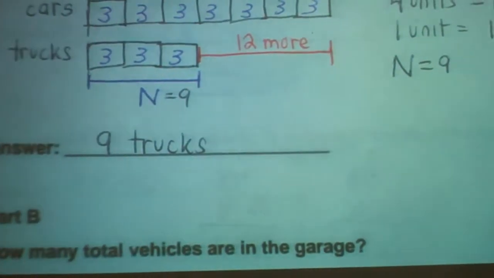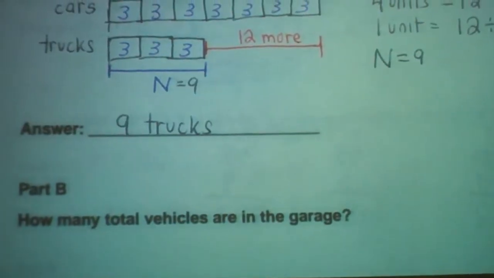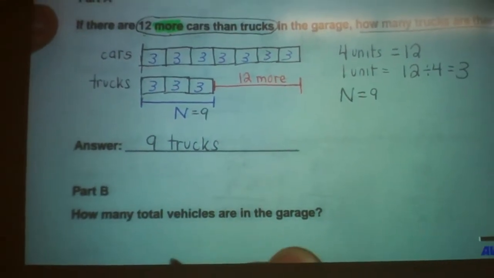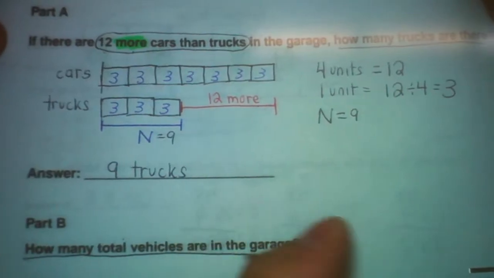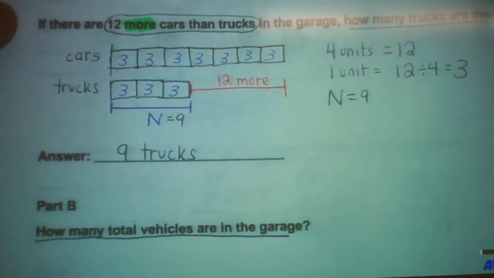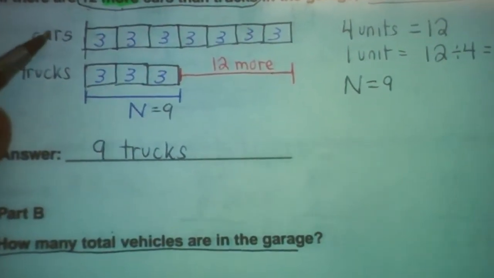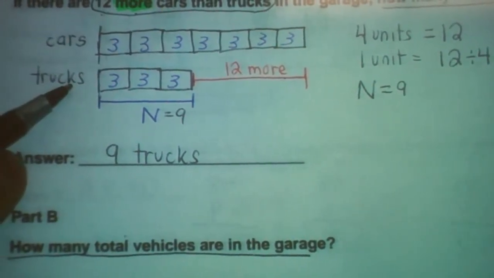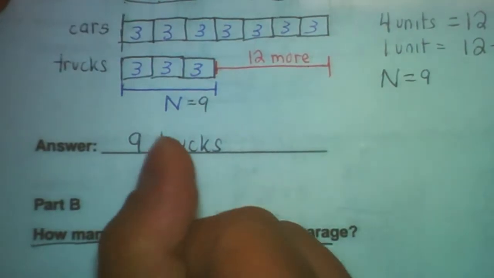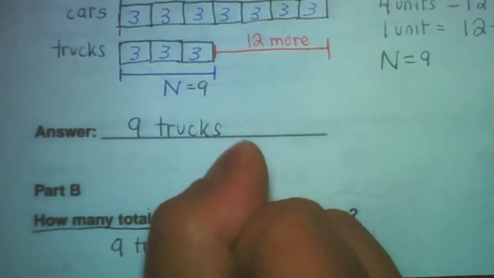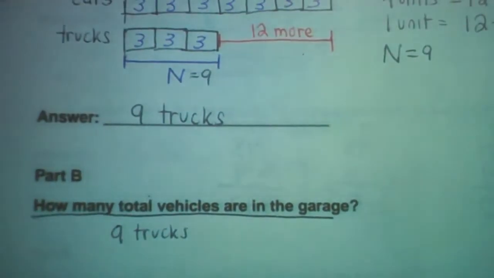The next part, and we will still need our tape diagram for this. How many total vehicles are in the garage? So all you have to do is count up everything. So there are 9 trucks. Okay, so I'll write that down over here, and I'll move this up in a second. 9 trucks.